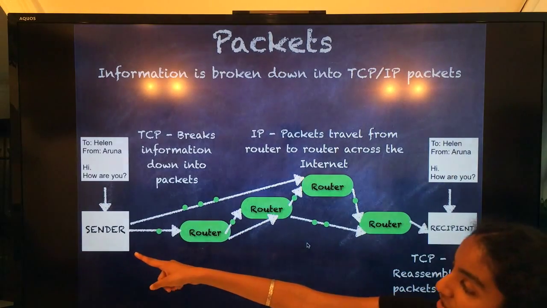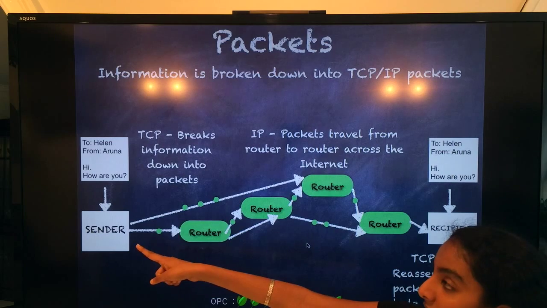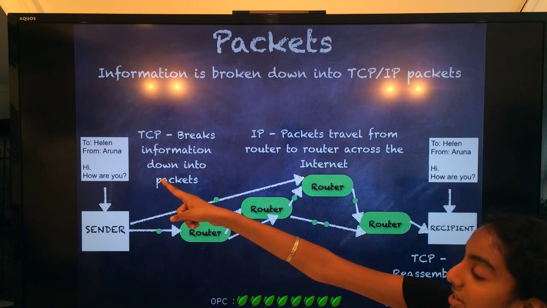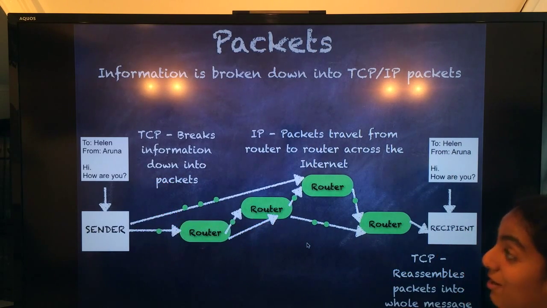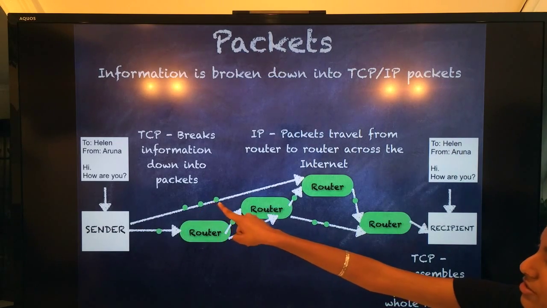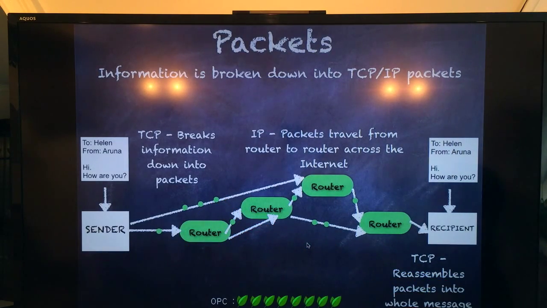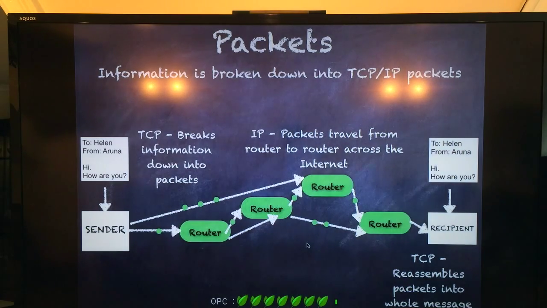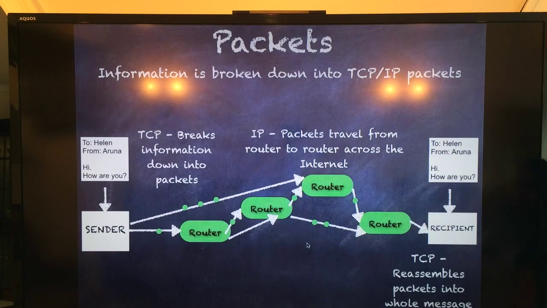So let's begin with me sending an email. So here's my email to Helen from Aruna, just hi, how are you? And the TCP breaks information down into packets. So these small little green dots here represent packets on this diagram. From there, the IP, or Internet Protocol, describes how packets travel from router to router across the Internet.